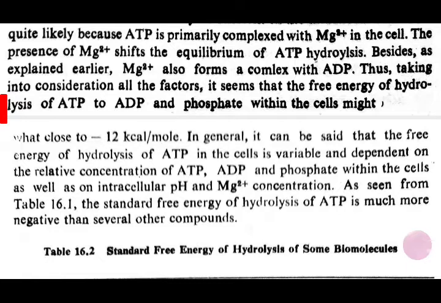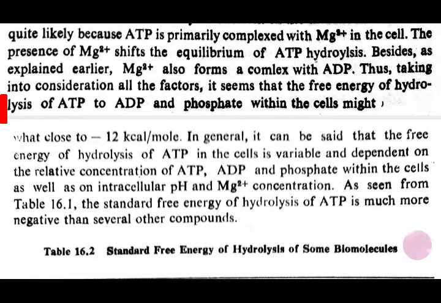In general, it can be said that the free energy of hydrolysis of ATP in cells is variable and dependent on the relative concentration of ATP, ADP and phosphate within the cell, as well as intracellular pH, that is the cellular pH present at that time, and magnesium ion concentration found within the cell.